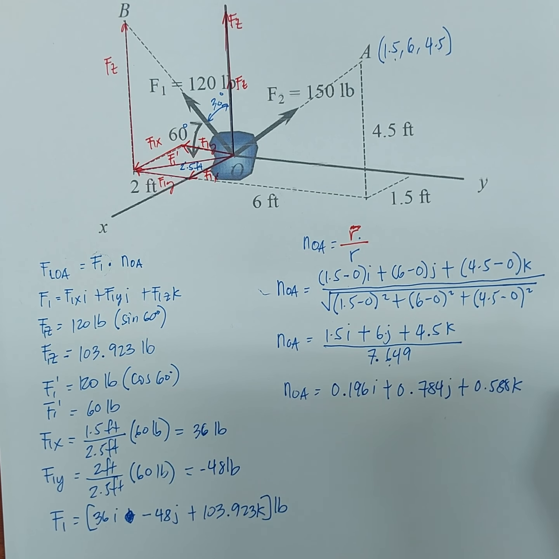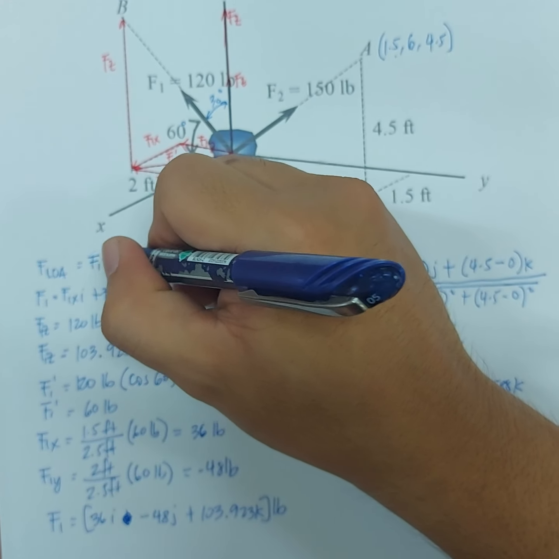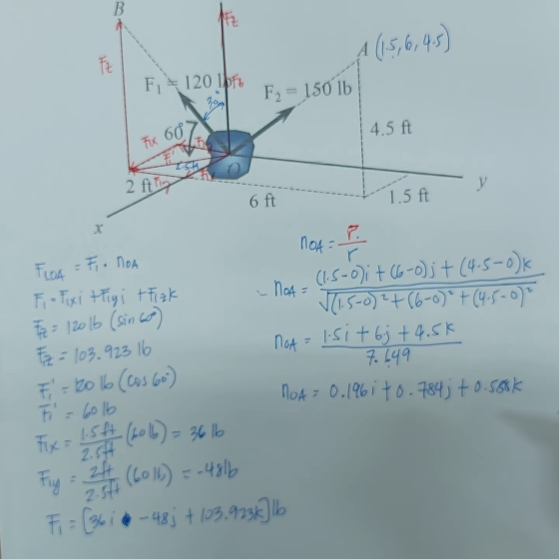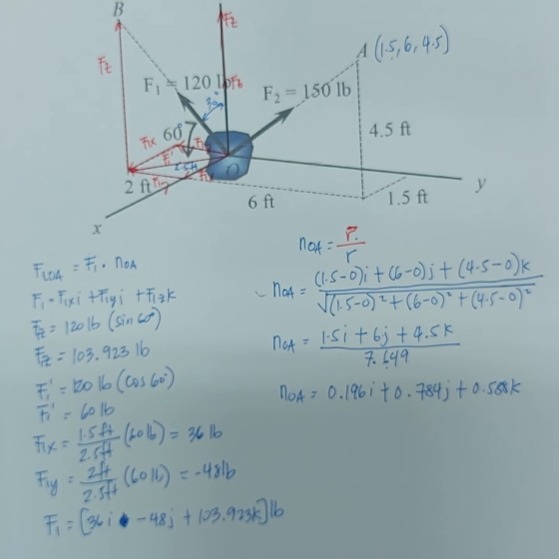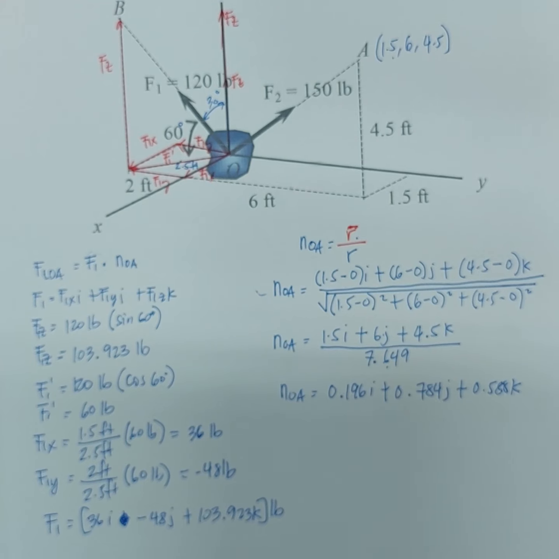Okay. So, okay na. Meron na tayong F1 in terms of its Cartesian vector form. And meron na rin tayong unit vector along the line of action of F2, line OA. So, pwede na tayong mag-perform ng dot product.